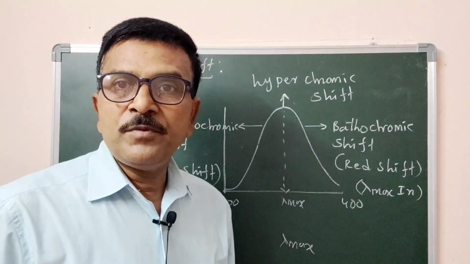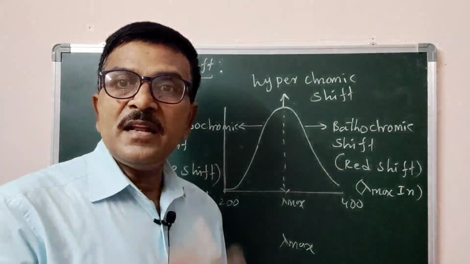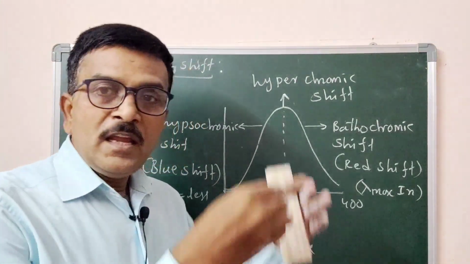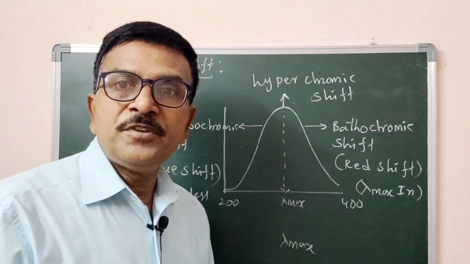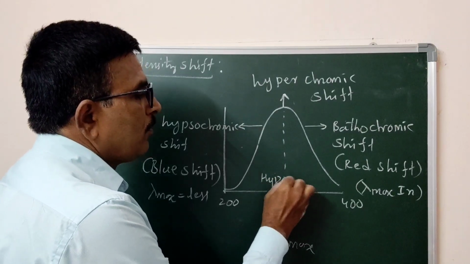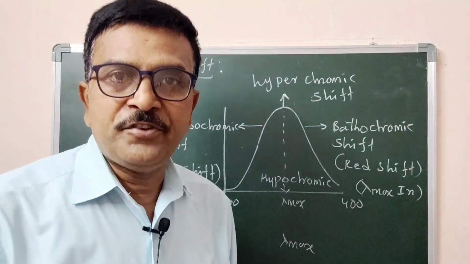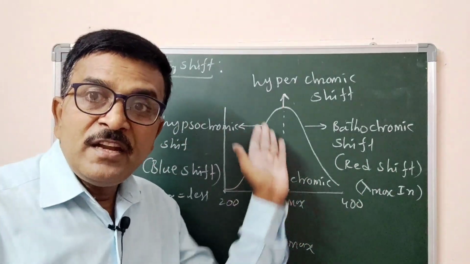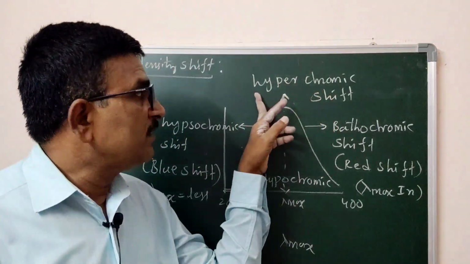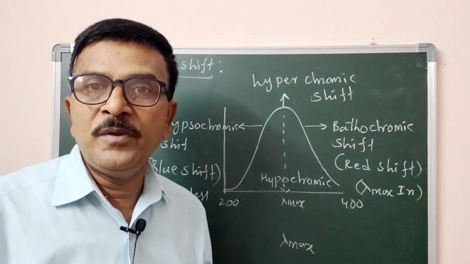What is a hyperchromic shift? A shift where the intensity increases. If the intensity of the absorption decreases, it is called a hypochromic shift. If intensity increases, hyperchromic. If intensity decreases, hypochromic shift.